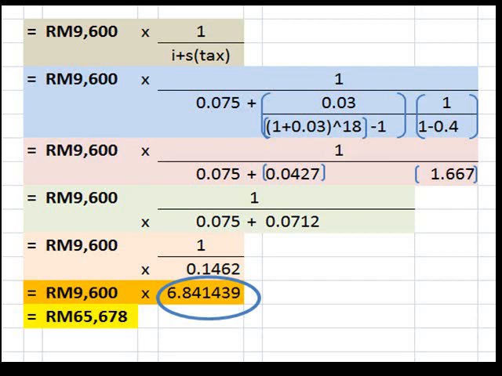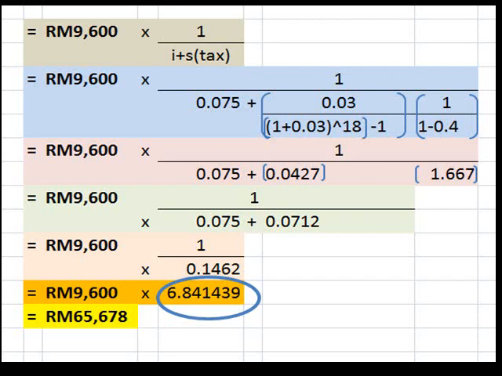Alright, first you need to settle the tax. 1 over 1 minus 0.4, so you will get 1.667. Then you times with the S sinking fund, 0.0427, and this result you plus with the 0.075, and then 1 divide with the result, and then you will get 6.841439.